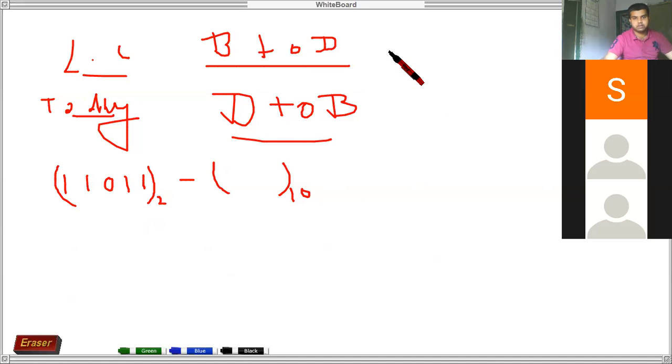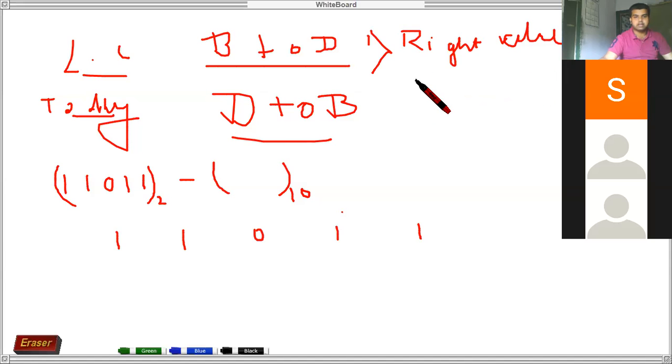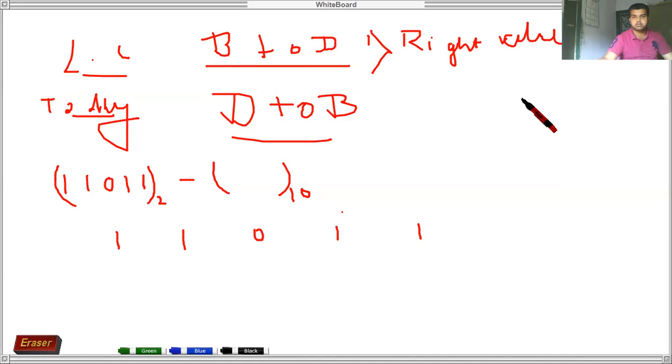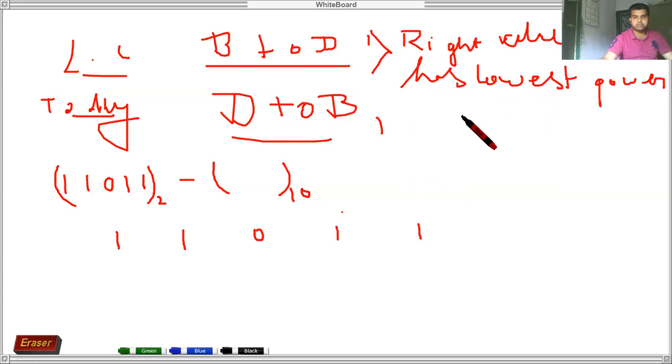Rule number 1, you can note down in your copy also. Rule number 1, right value has lowest power, and rule number 2, left value has highest power.